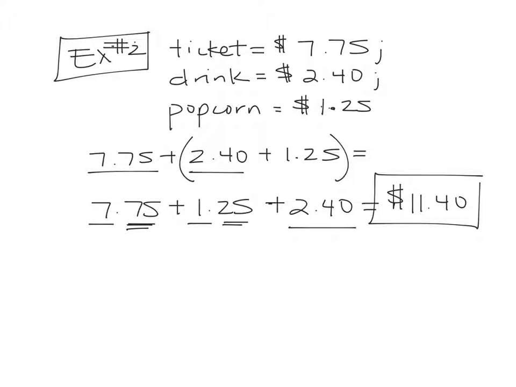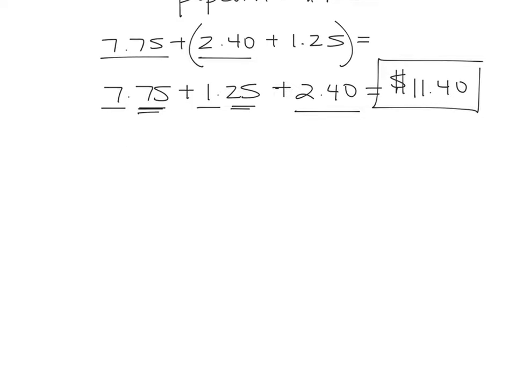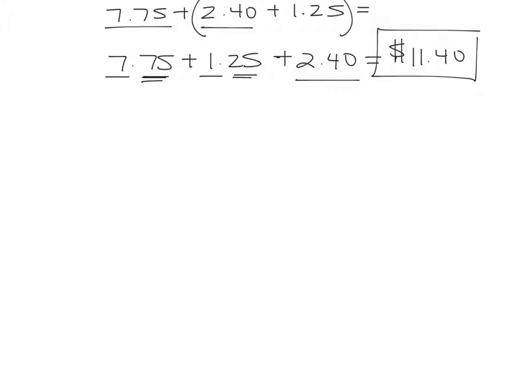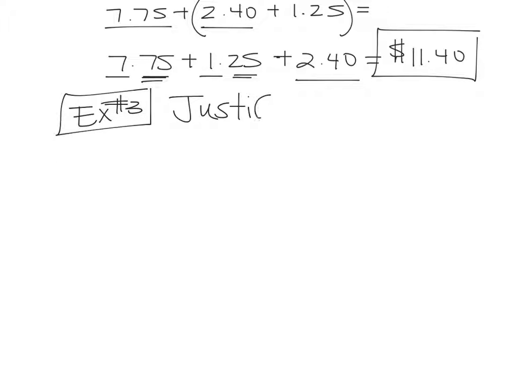Okay. Last thing then is with these, oftentimes you're going to get a problem where it's like step 1, step 2, step 3, step 4, and they're going to say justify your answer. So when they tell you to justify, this is example 3. When they tell you to justify the steps, or simplify and justify, this is basically what they're going to give you.